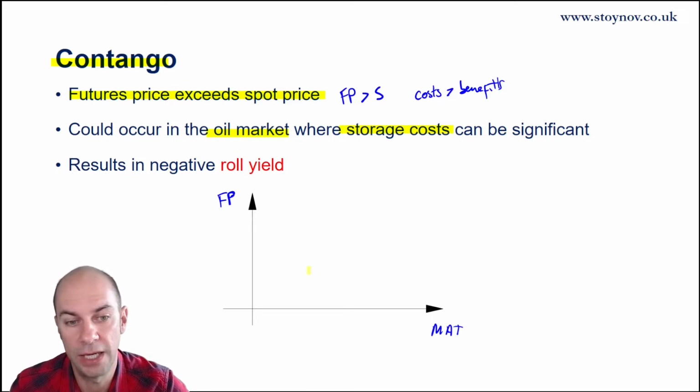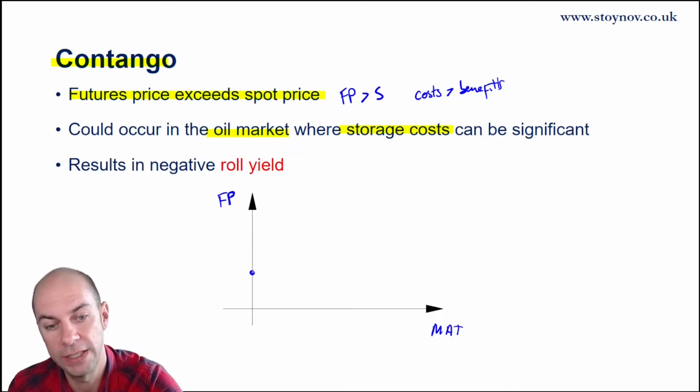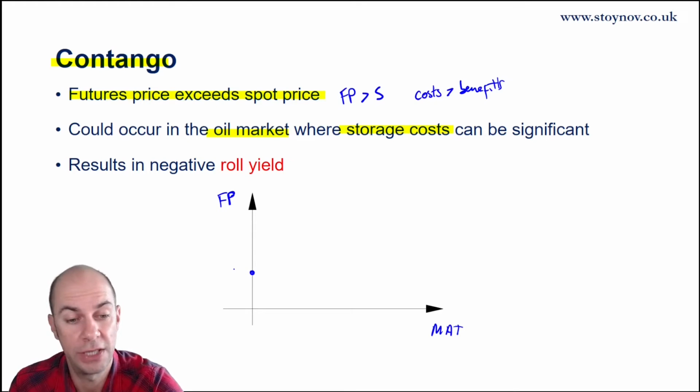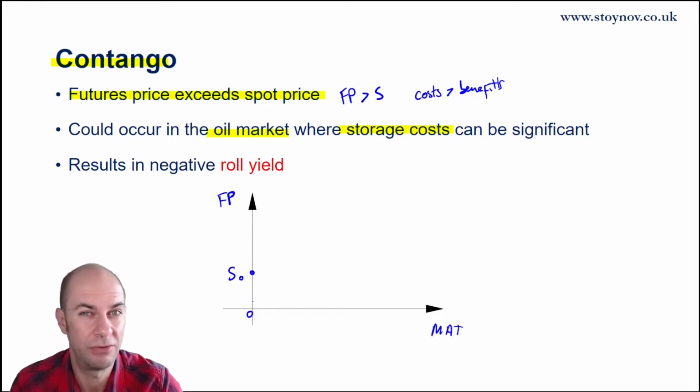So let's see the diagram. On the horizontal axis, I'm going to have maturity, so different maturities for these contracts. The vertical axis will represent the futures price. Because the futures price is greater than the spot, we are going to have an upward sloping curve. Firstly, the y-intercept will represent the spot price today because that's maturity of 0. Remember that a futures contract expiring today is as good as a spot contract.